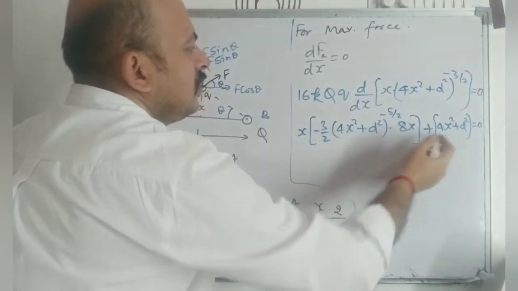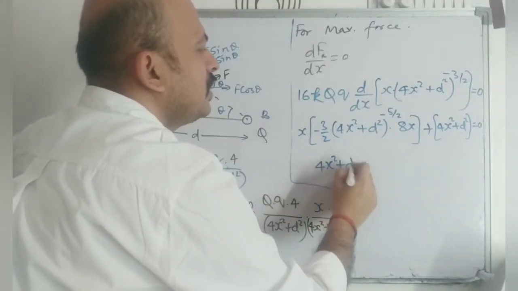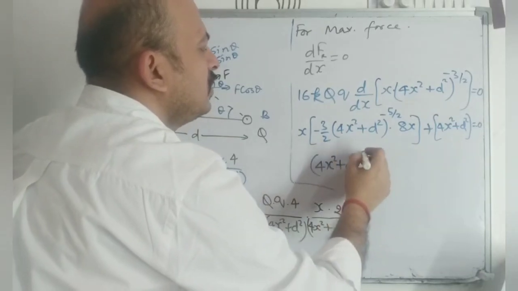Take common (4x square plus d square) to the power minus 5 by 2.